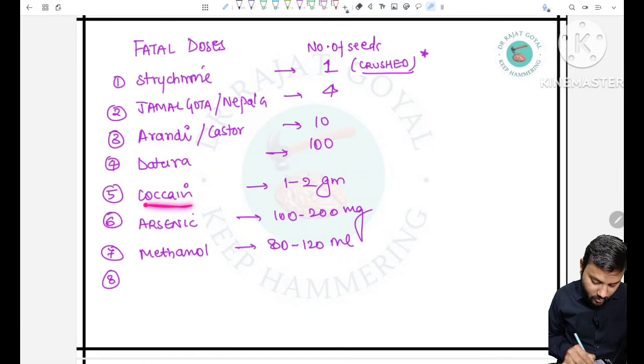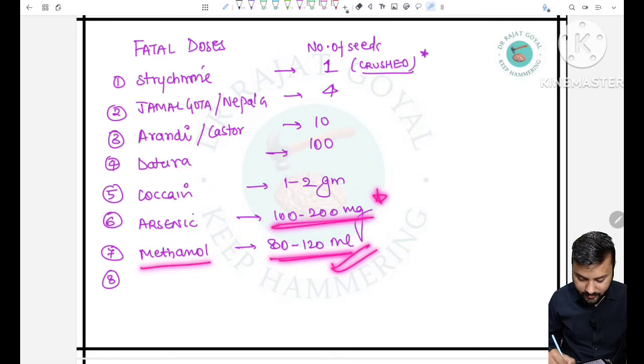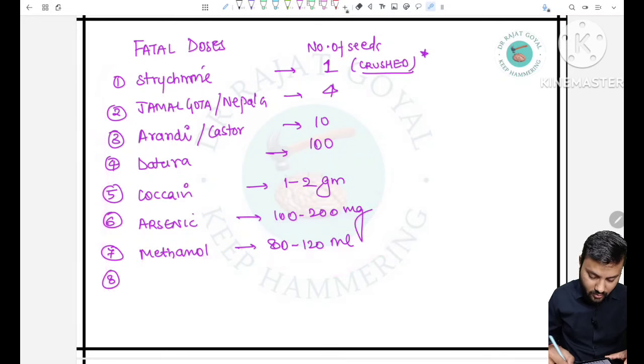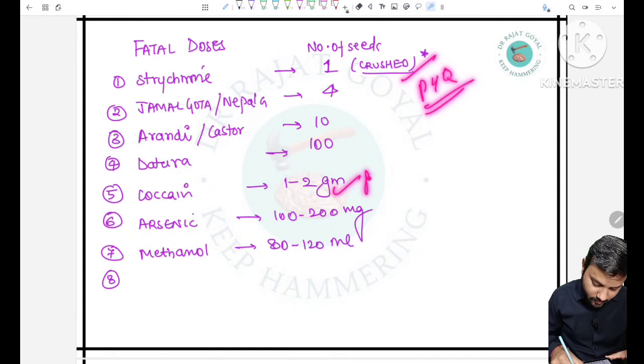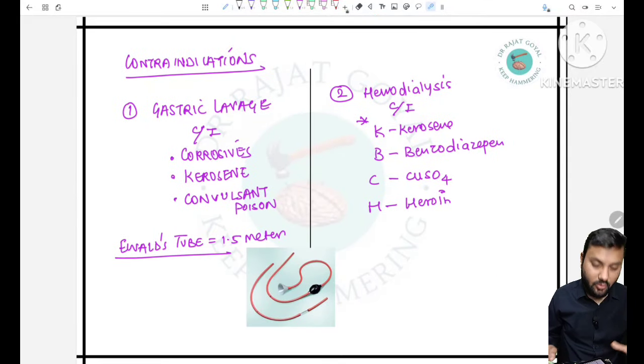Cocaine, 1 to 2 gram. Arsenic, 100 to 200 milligram, and methanol 80 to 120 ml. These are important fatal doses that we have to remember because they were previously asked in many papers.